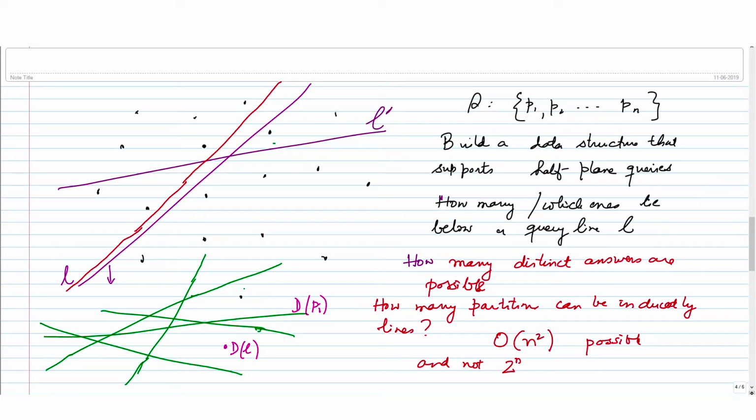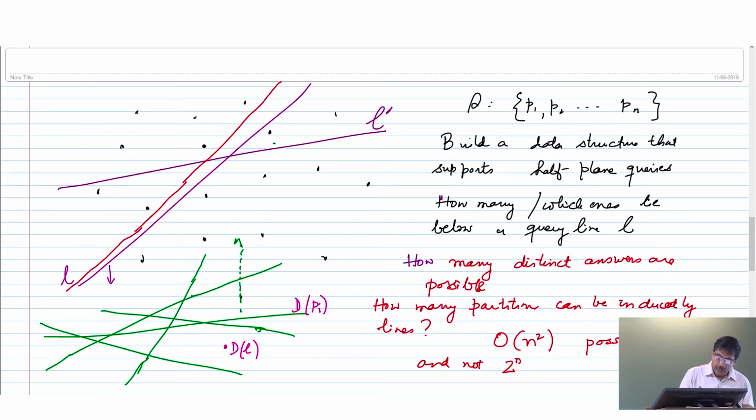So, to answer this query, I just have to shoot a ray, and all the lines that it intersects basically is the answer. Because that is exactly the set of points that was above the line.